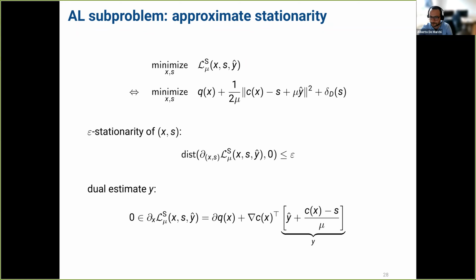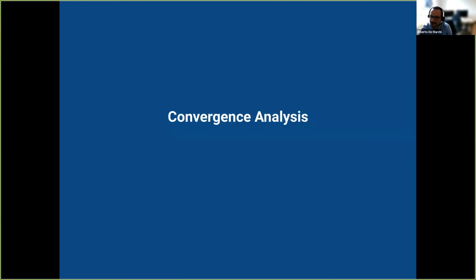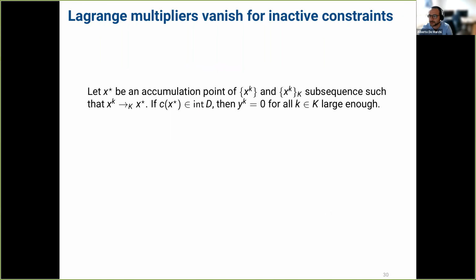Okay. So now we give some results about the convergence of this scheme. This just follows the standard results, with some attention to deal with the set D and the possibly non-smooth function g.